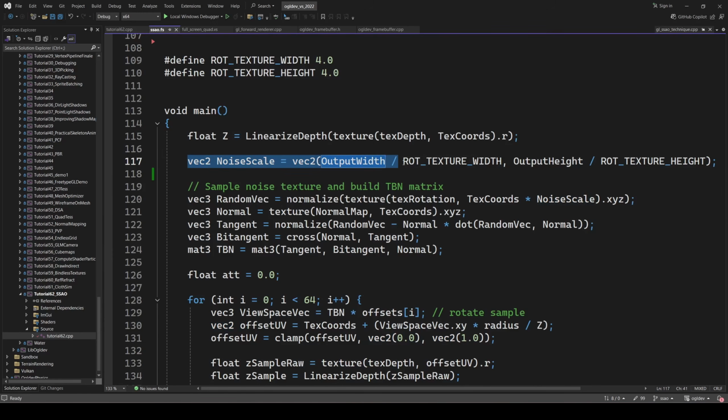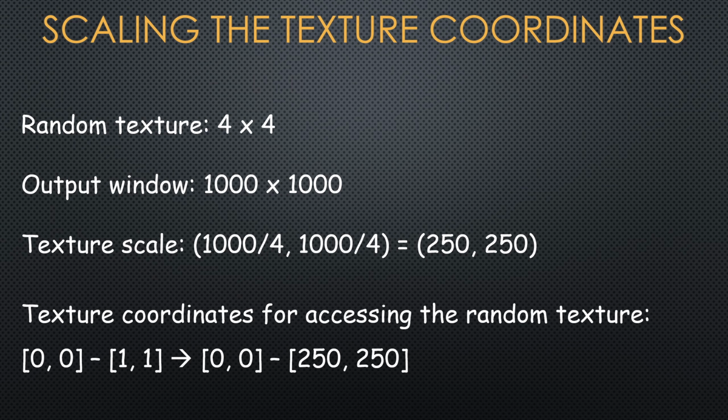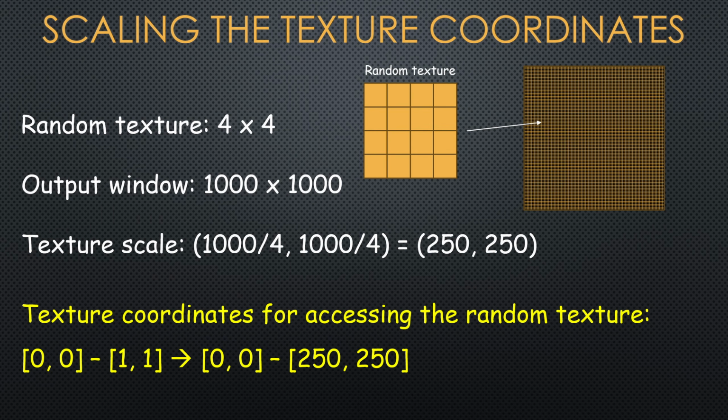We do that by scaling the texture coordinates up to the ratio between the dimensions of the output frame buffer and the random texture. For example, if the output is 1000 by 1000, we need to scale the texture coordinates by 250 so that the random texture will be tiled 250 times across U and V.